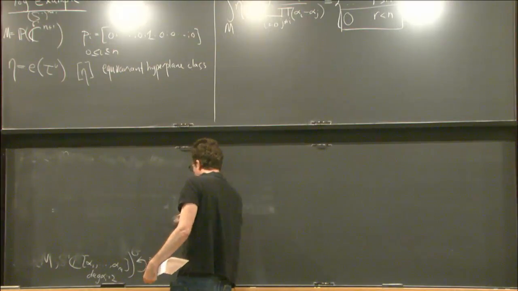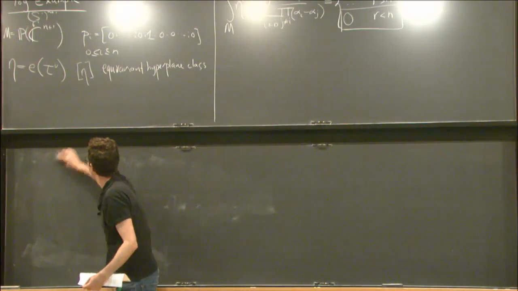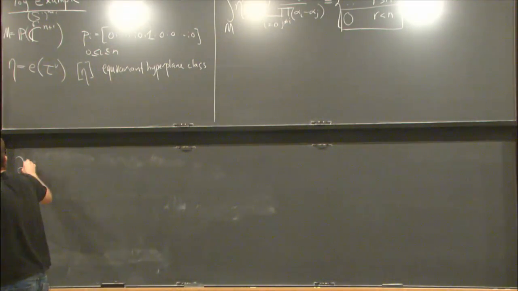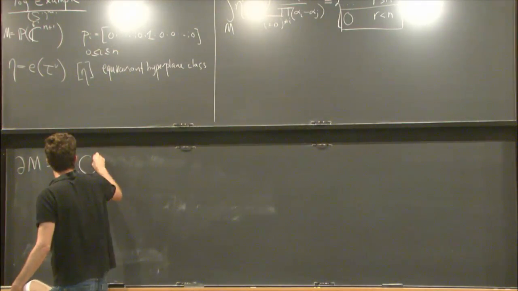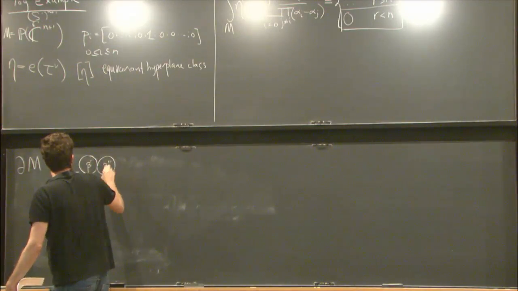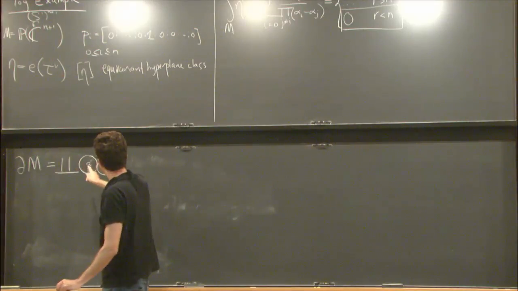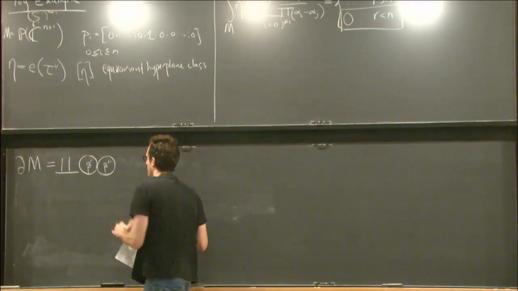So it's known that the boundary of M is a disjoint union of fiber products of simpler moduli spaces. Let me draw this like this. The boundary of M is equal to a disjoint union. Let me just draw the energy of these disks. So these are fiber products that parameterize pairs of disks which are connected by a node on the boundary.